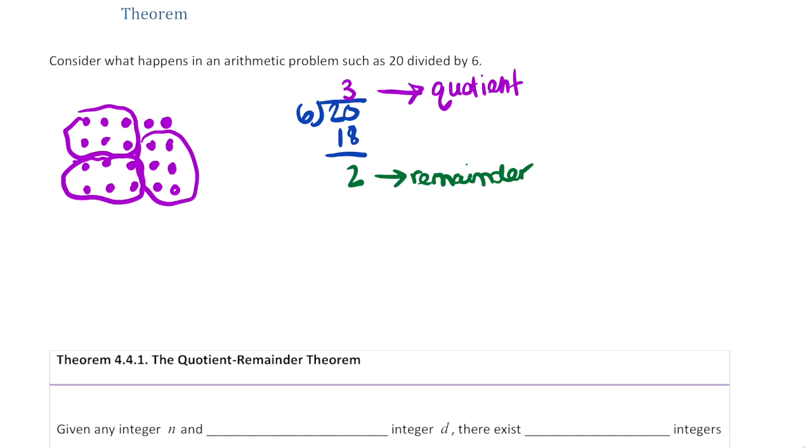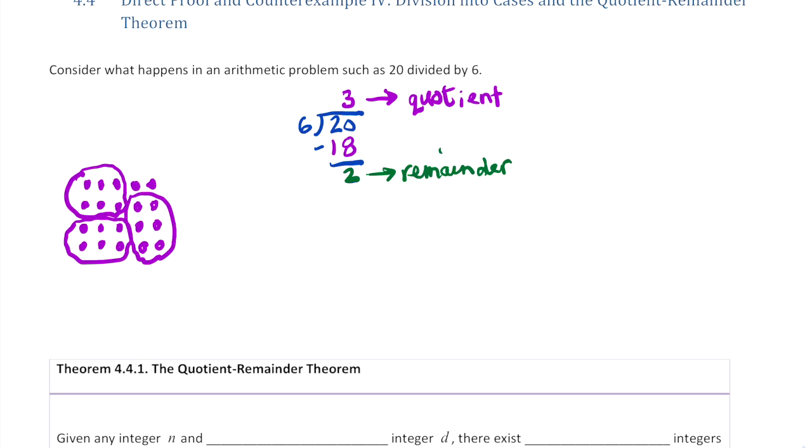And we've got our 2 remainder up here. So those 2 are what we used for the remainder, and the 3 groups we circled were the 3 groups of 6 that are the quotient.